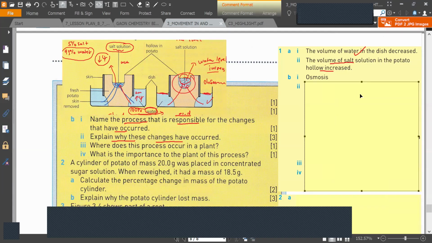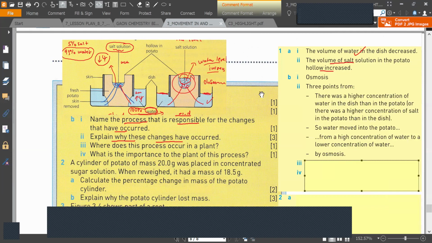What changes have occurred? We need to have these three points. There was a higher concentration of water in the dish than in the potato, where there was a higher concentration of salt. We can discuss in terms of water potential or concentration.